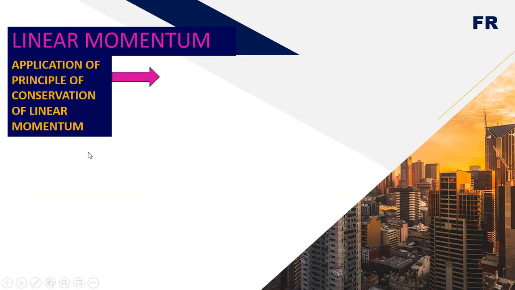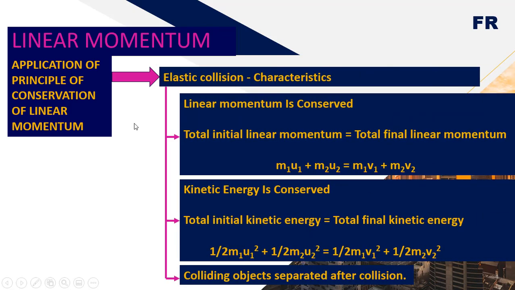Okay, now we go to the application of the principle of conservation of linear momentum. The first application is elastic collision. So what are the characteristics of an elastic collision? The first characteristic is the linear momentum is conserved. Remember what we have discussed in the previous slide. The total initial linear momentum is the same as the total final linear momentum.